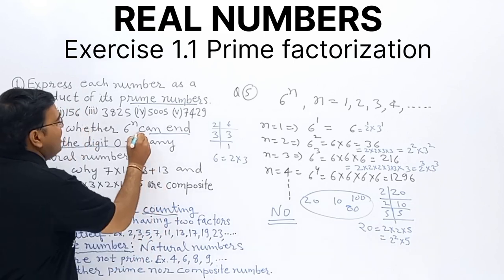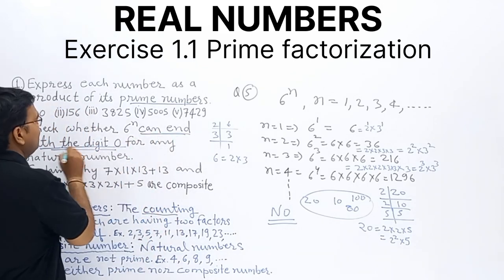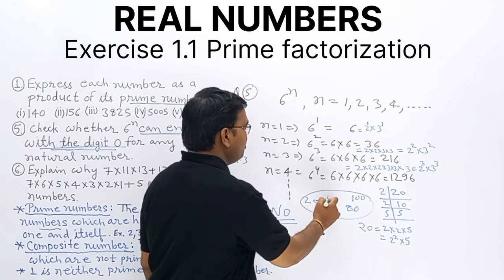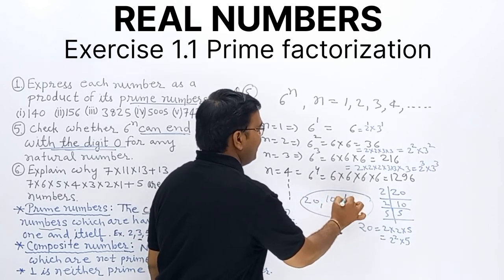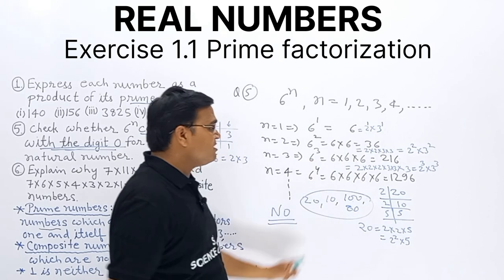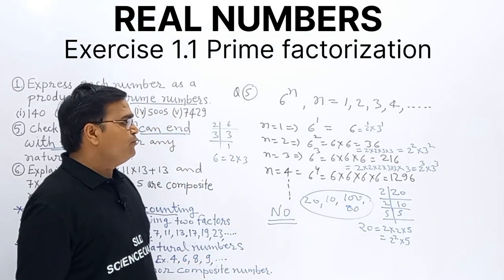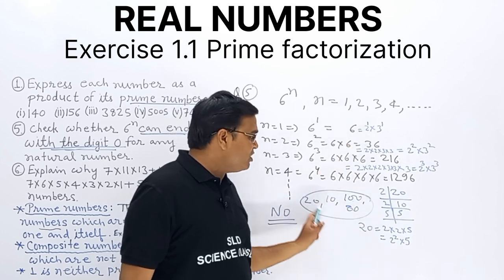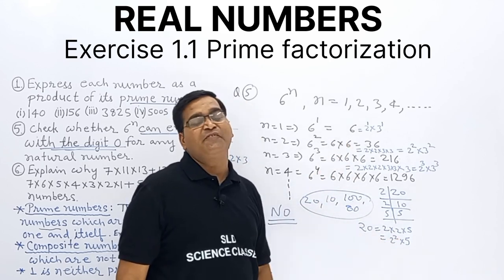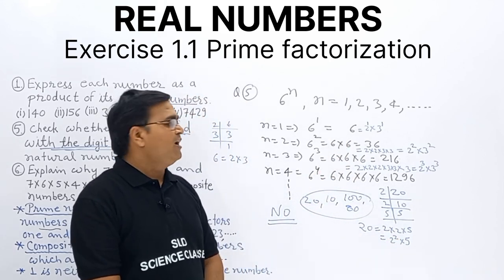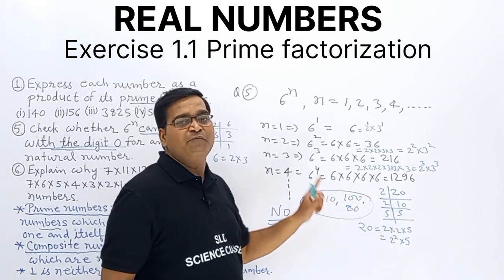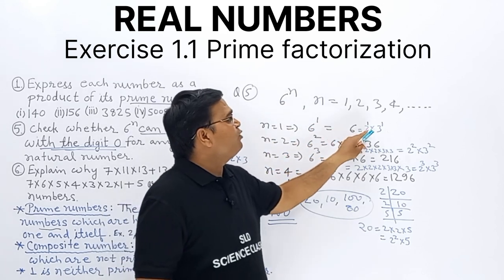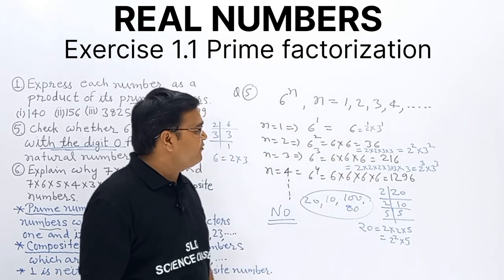But if a number ends with 0, like 20, 10, 100, 80 and so on, when we do the factorization of these numbers we are having 5 as one factor. But in 6 power n we are having only 2 and 3 as factors.